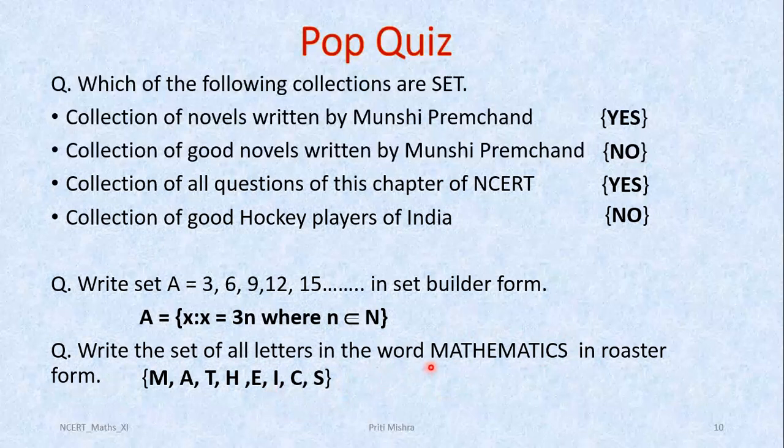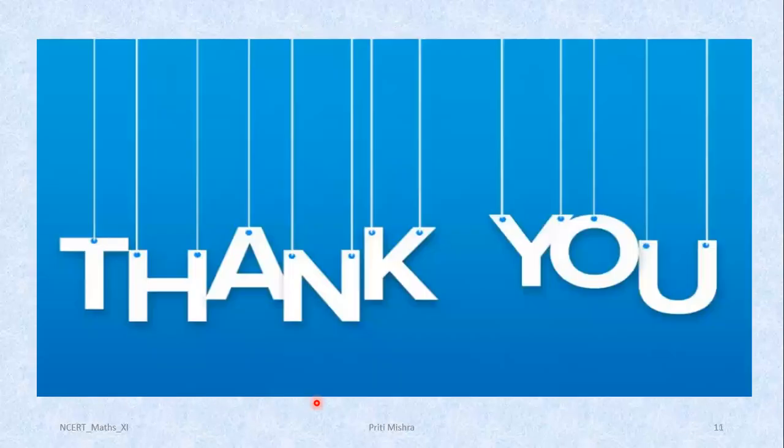M, as you can see, is coming twice in this word, but we will write it only one time. A is coming twice, T is also coming twice, but we will write these two letters again only one time. Then H, E, I, C, S. Within curly braces, you have to write all these letters. This is making a set now. So this is the roster form of the letters of the word mathematics.